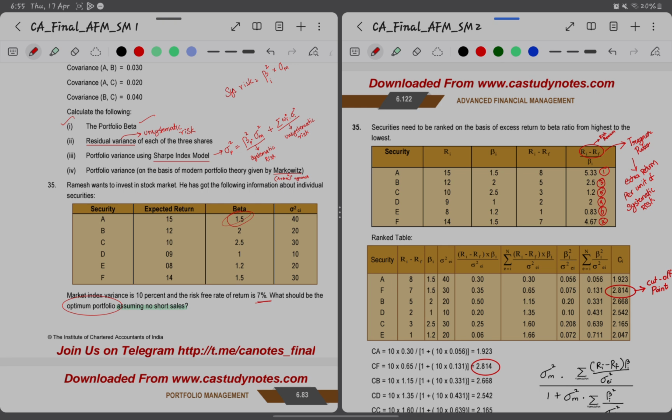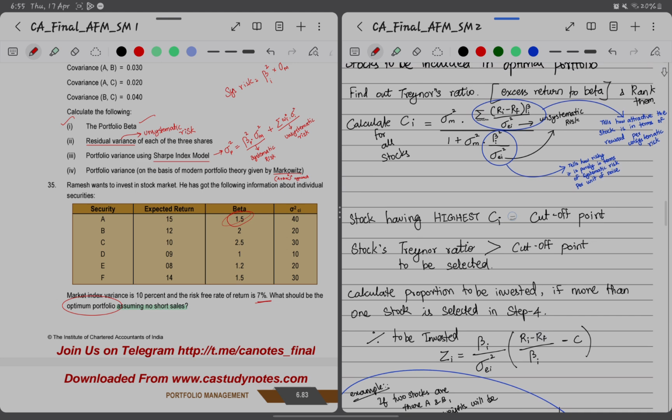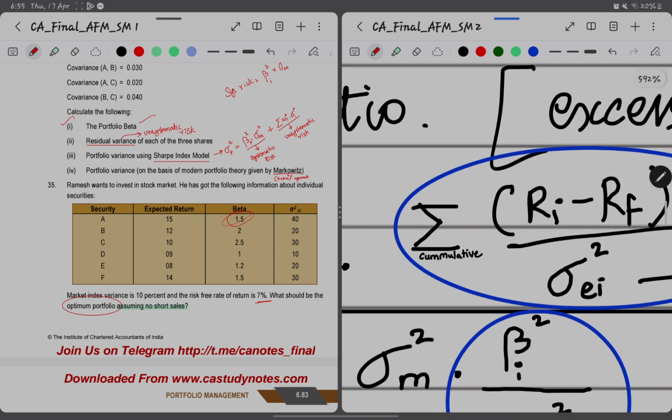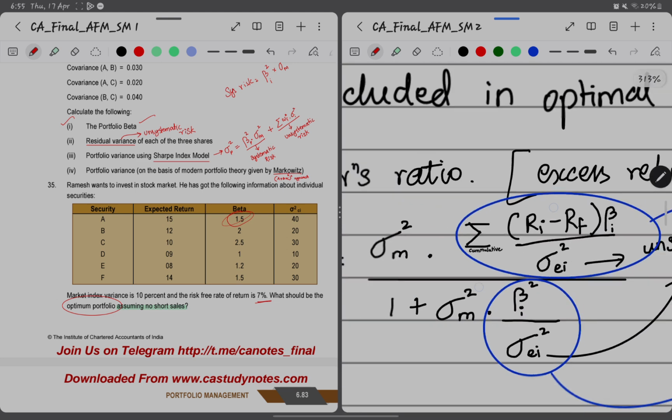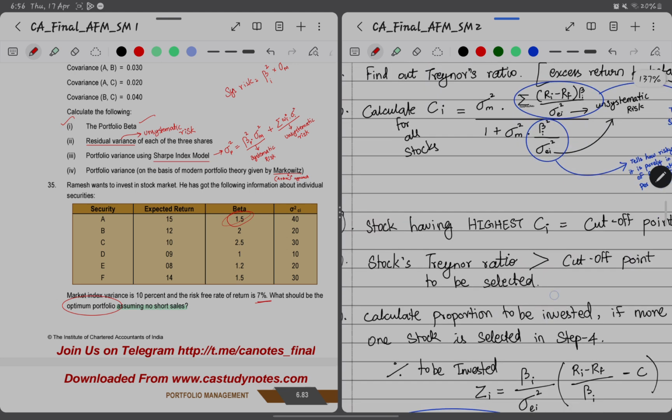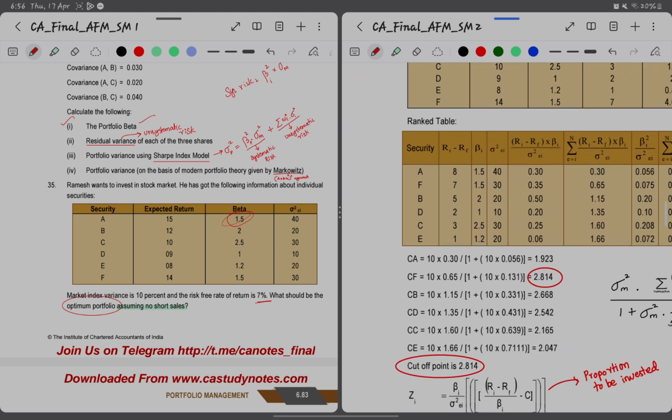Why it has to be in this sequence: as we can see in this formula there is a summation, so it is a cumulative summation, hence we have to keep it in the highest to lowest order.